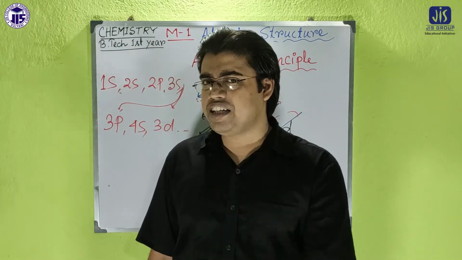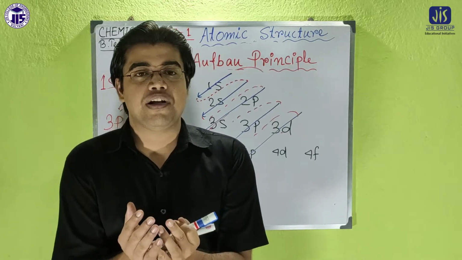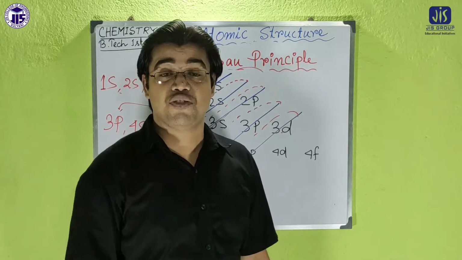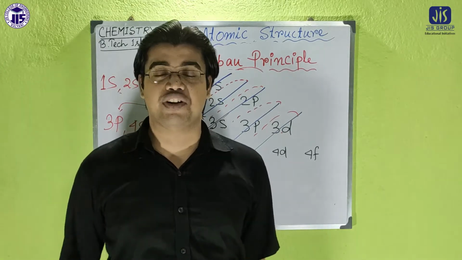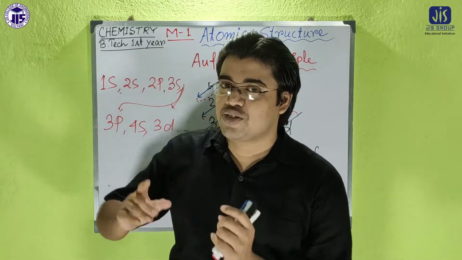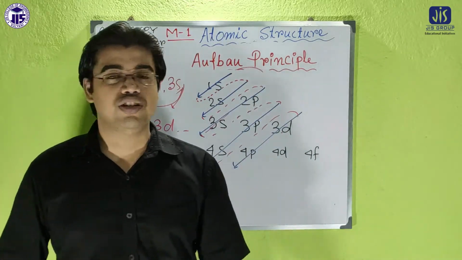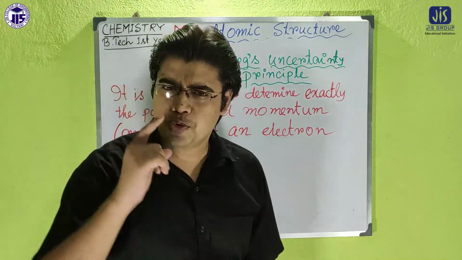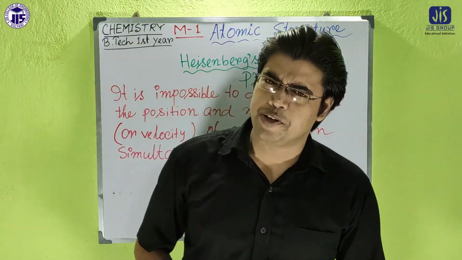Keep in mind that without these three principles it is not possible to do the ground state electronic configuration. These three principles are the three pillars of the ground state electronic configuration. Now we'll move to the Heisenberg uncertainty principle.